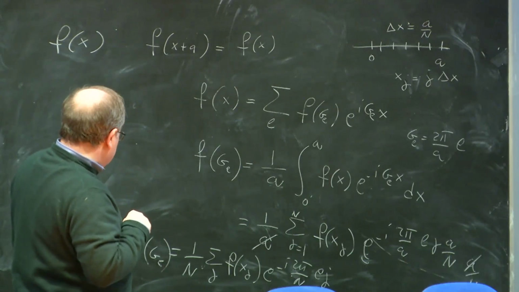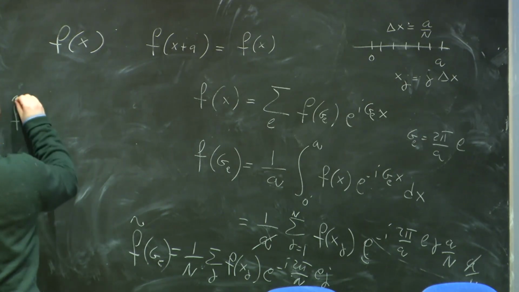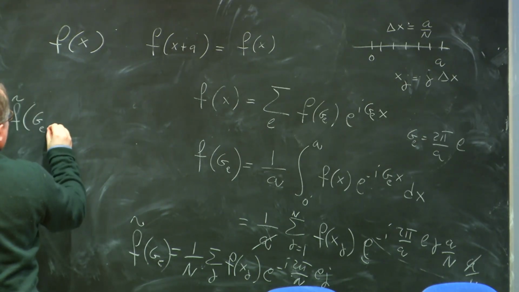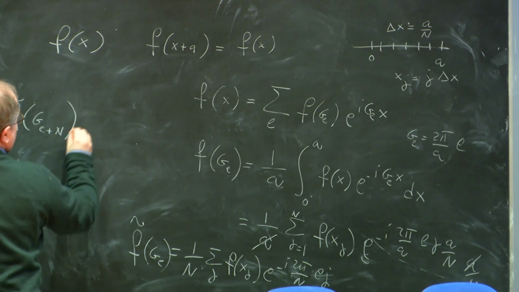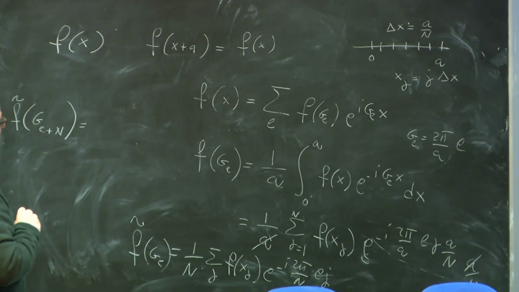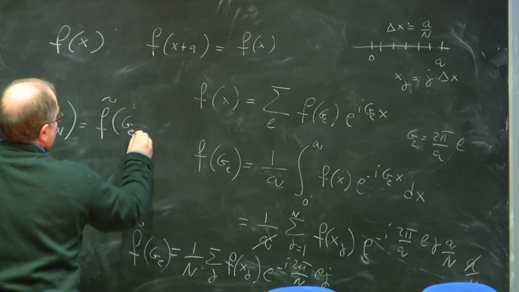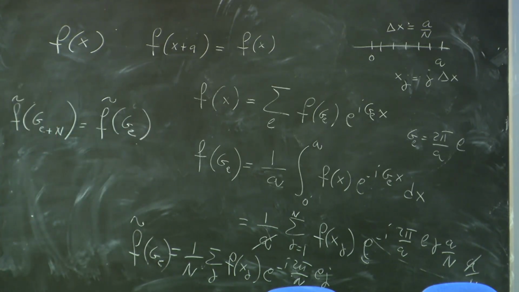And look at this Fourier transform. Well, what happens here is that F tilde of G_(L plus N), so if I add N to the index of G_L, I have F tilde of G_L. This is simple to prove.